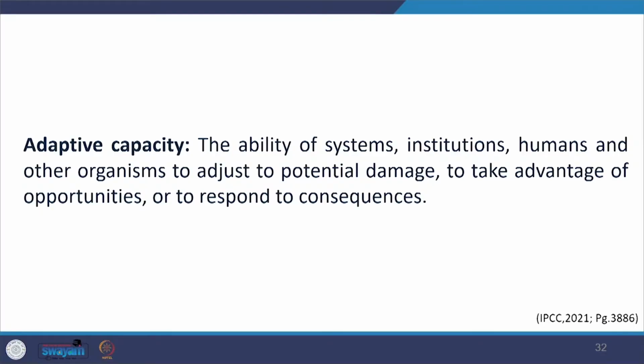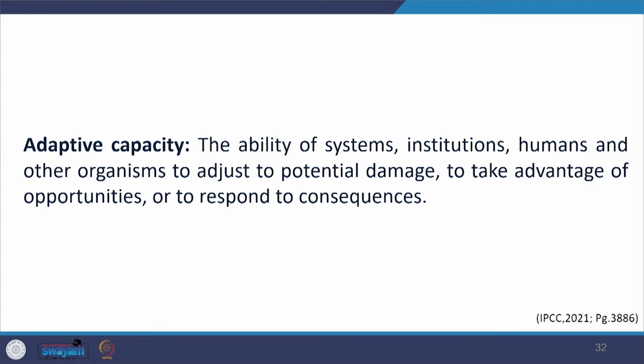Let us now look at what adaptive capacity means. Adaptive capacity means the ability of our systems, which could be institutions, human systems, and other organisms, to adjust to potential damage, or even to take advantage of the opportunity.